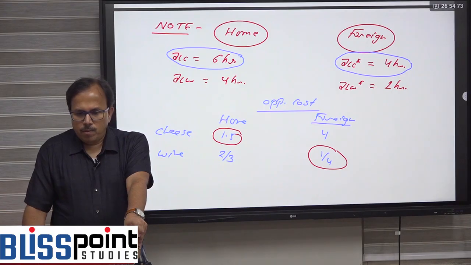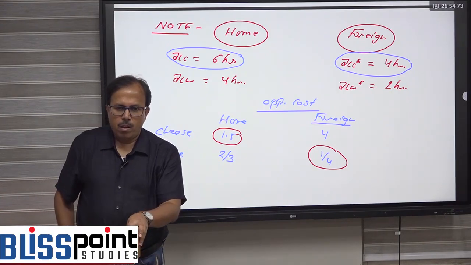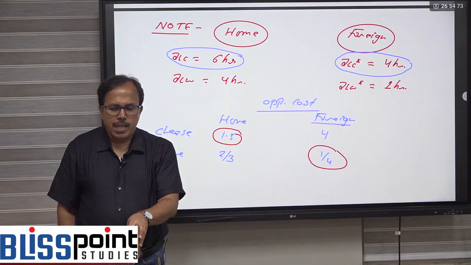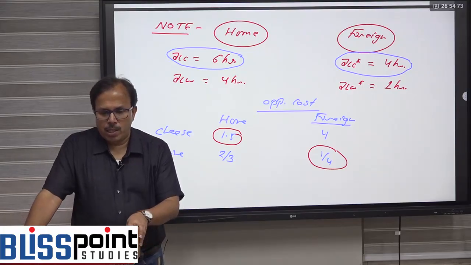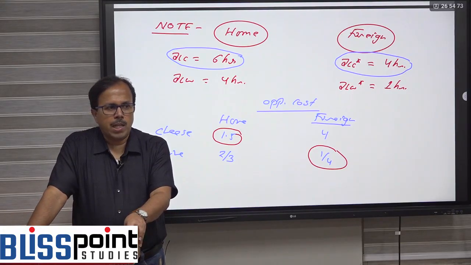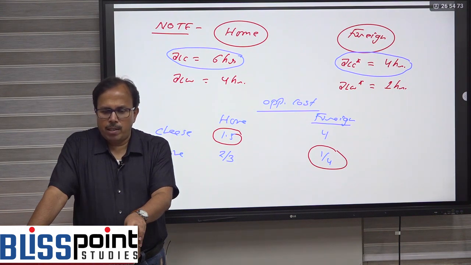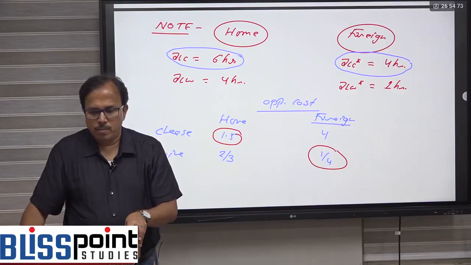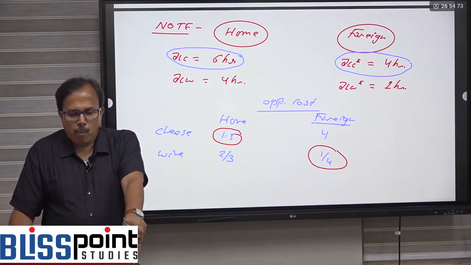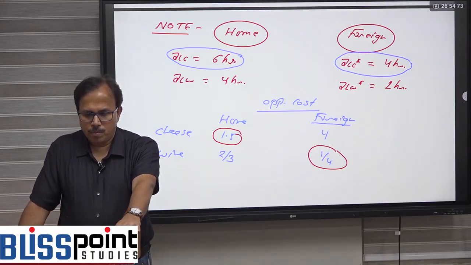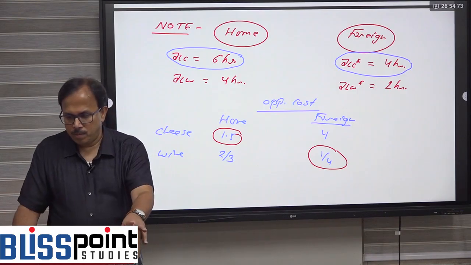On the other hand, the foreign country has comparative cost advantage in the production of wine, as opportunity cost is less in that country.